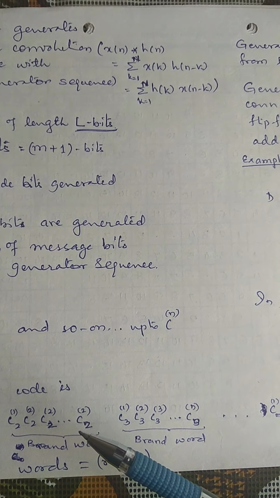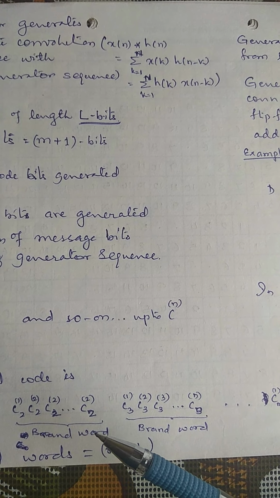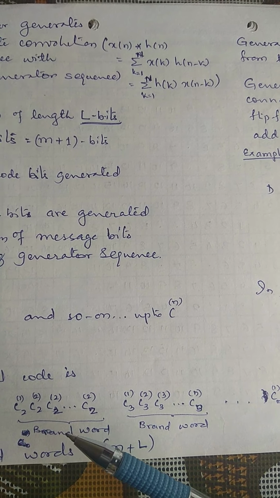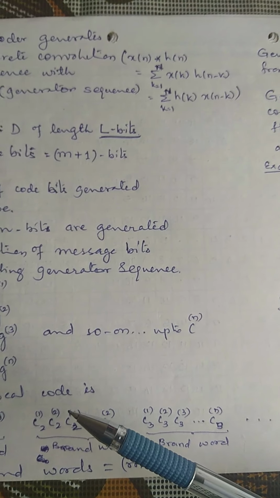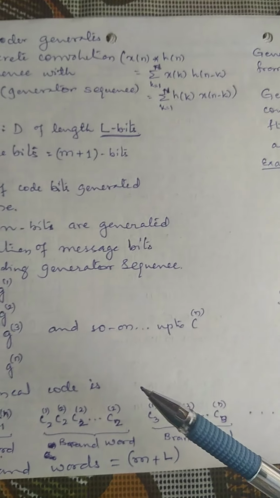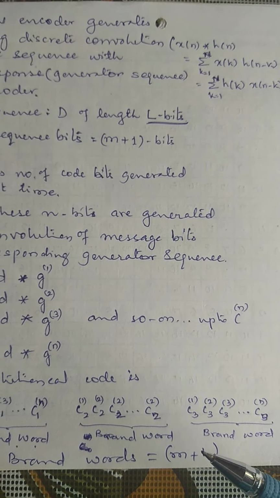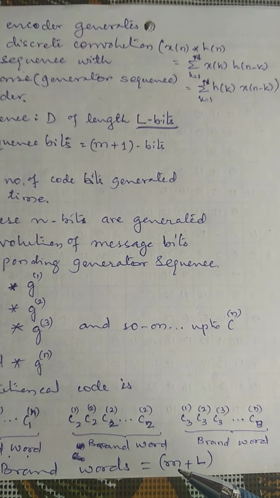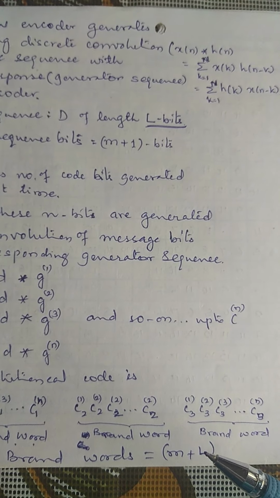Whenever the commutator is operated, the number of bits sent on the channel per unit time is called a branch word. So for the length of the message, that many branch words are generated and sent on the channel. The number of branch words generated will in general be m plus L, where m is the number of memory elements and L is the length of the message bits.